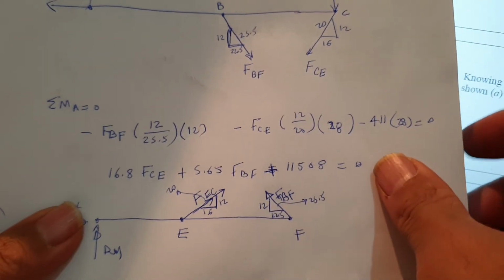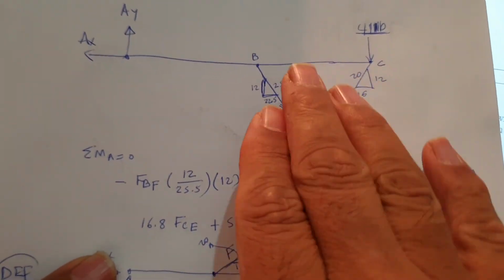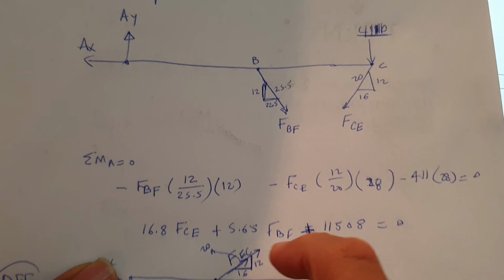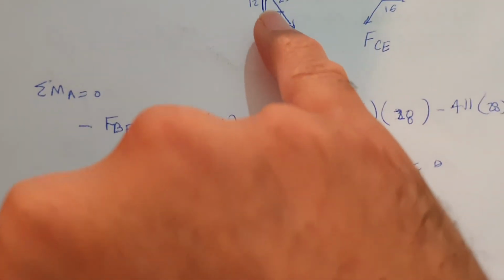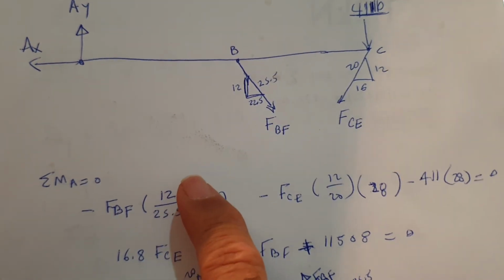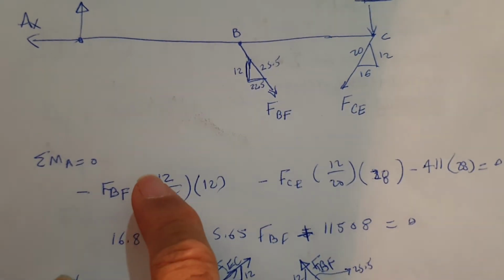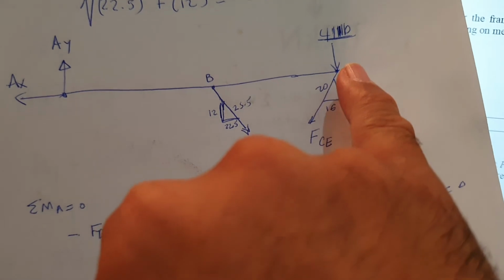So we could either assume this one tension or compression, whichever way of doing it. Summation moment at A equal to 0. This in the x-axis is 0, and this is in the x-axis 0. So FBF is negative.